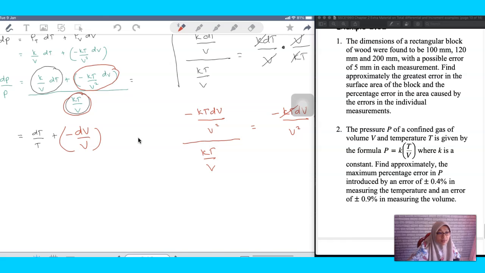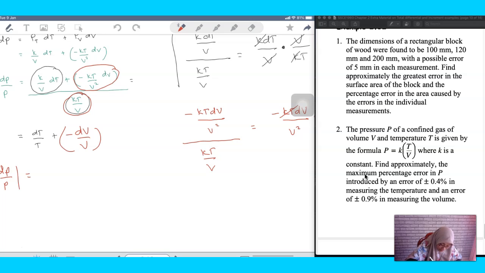But from the formula you have to multiply by 100%, right? And because this is about the maximum, it is dp over p, and you put the absolute sign.